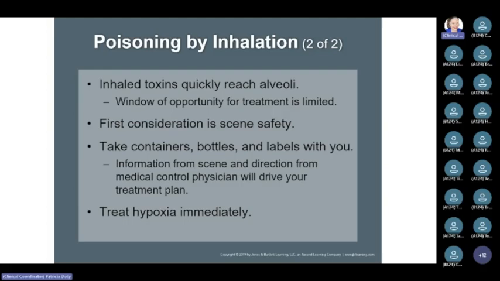So also, when you get to these scenes, think about, after we have gotten rid of all of the nasty in this area, we're going to need containers, bottles, labels, all this information. That way we can take this to the hospital, right? And obviously, if it's an inhaled toxin, I don't think we have to say it, but we have to say it, guys. Treat hypoxia immediately, okay?